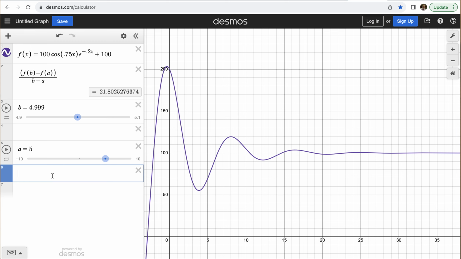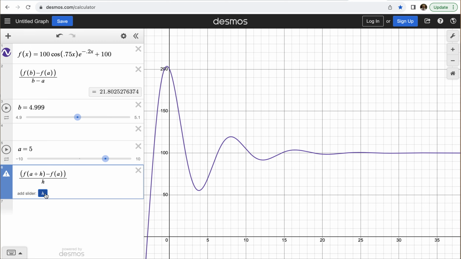The other definition of the derivative is f of a plus h, minus f of a, all over h, so I've got to go back and put a parenthesis and parenthesis over h. And we want to know when h gets close to 0.